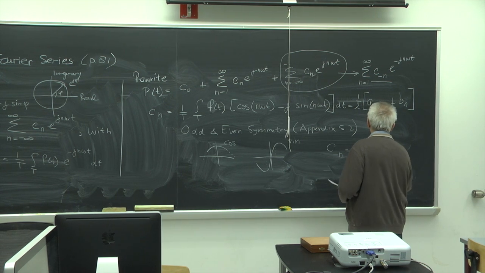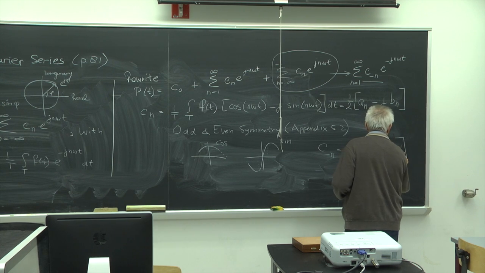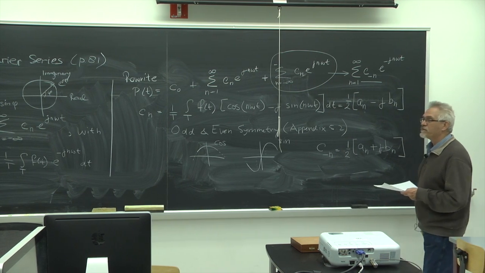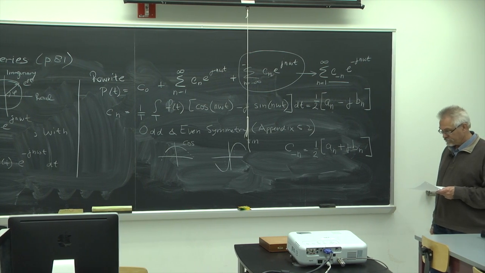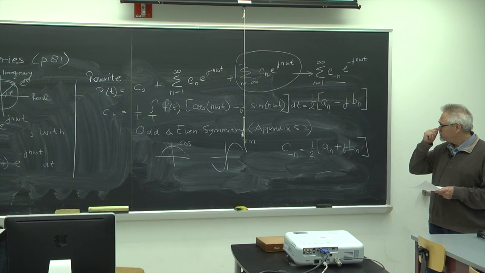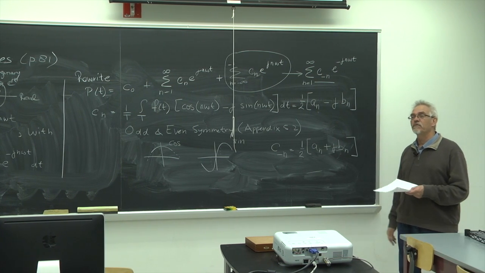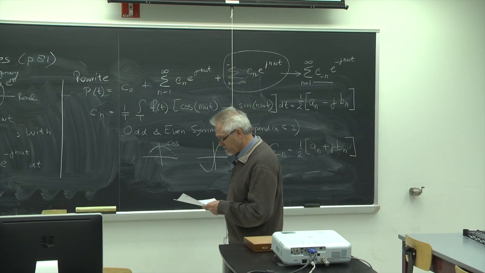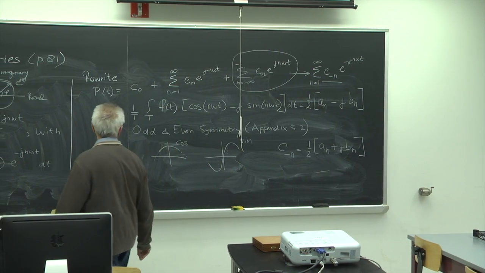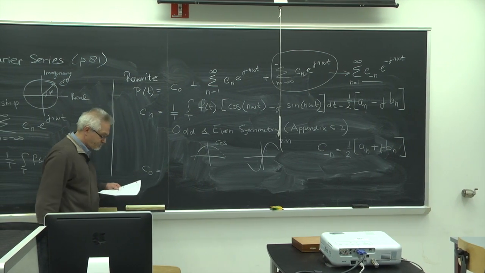So that would be, in this case then, plus jbn. For that reason, and we will use that more, this odd and even symmetry, it's just practical to deal with that. And a special case is C naught, which is the DC term.